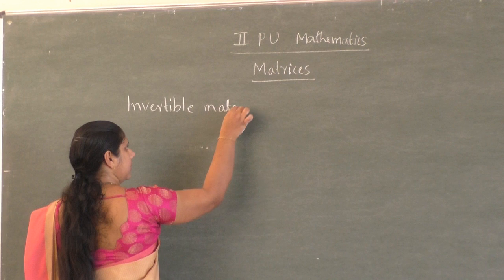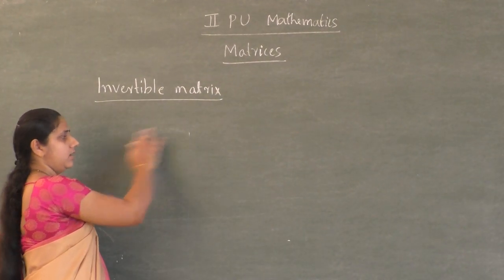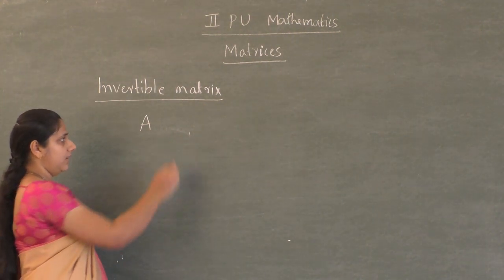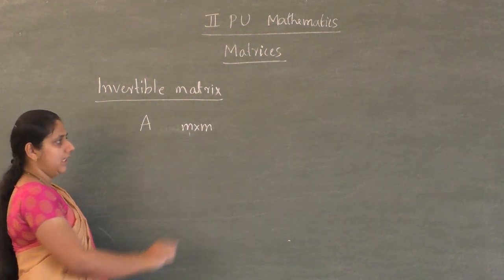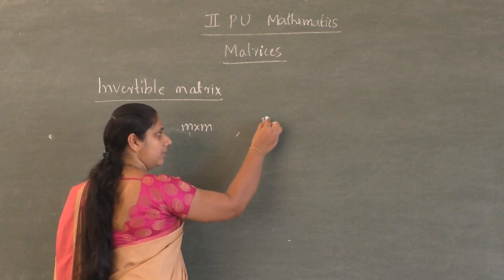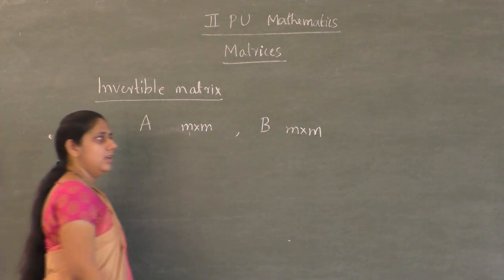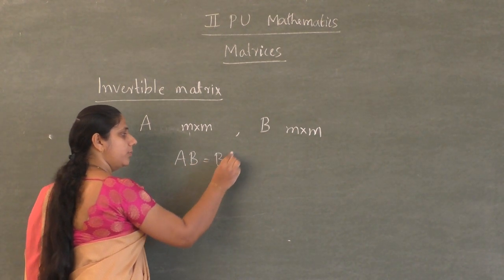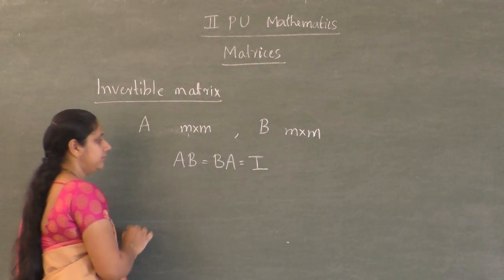The next definition is invertible matrix. Suppose A is a square matrix of order n cross n, then there exists another matrix B of the same order, such that AB is equal to BA, which is equal to the identity matrix.